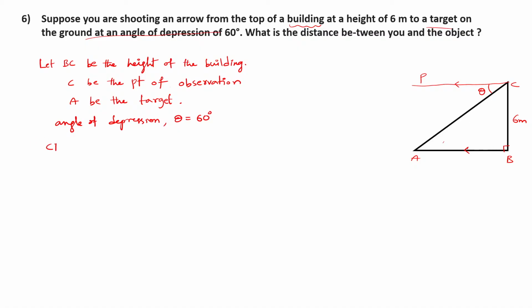Now we need to draw an imaginary horizontal, that is CP is the imaginary horizontal. Very important. Now, since the CP line is parallel to the AB line, which one is the transversal here? AC is the transversal.